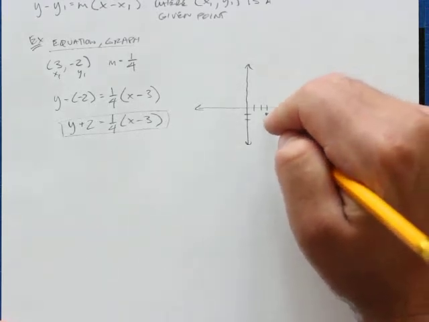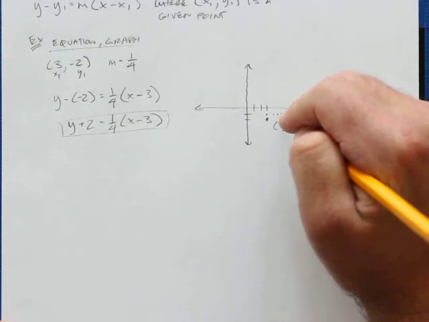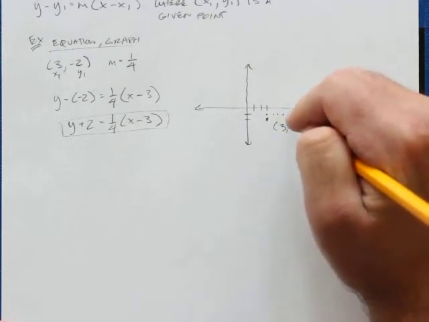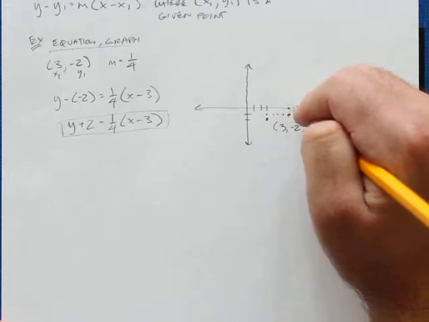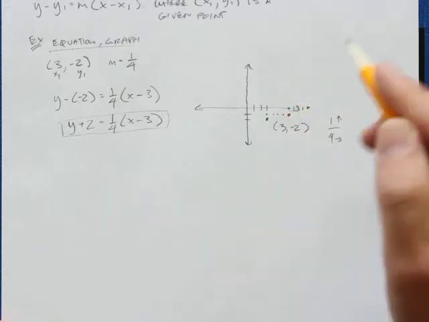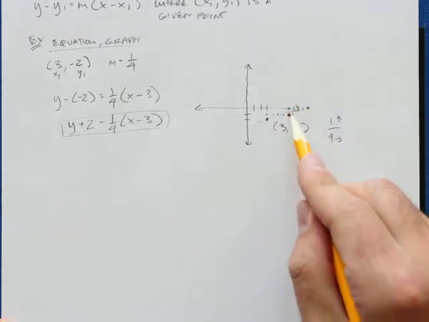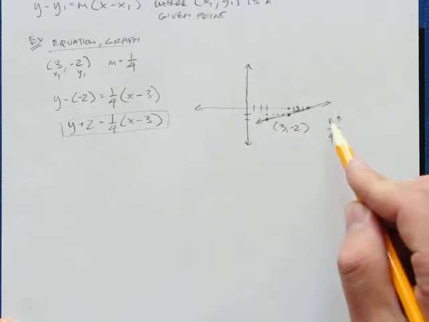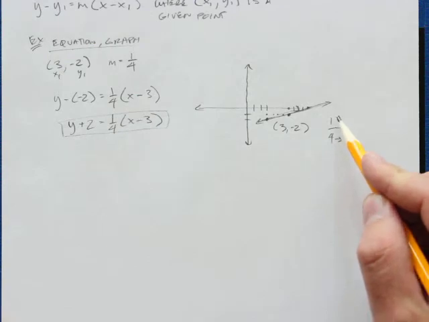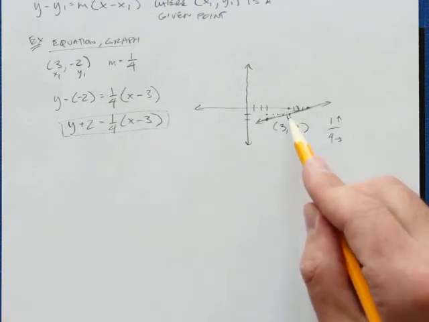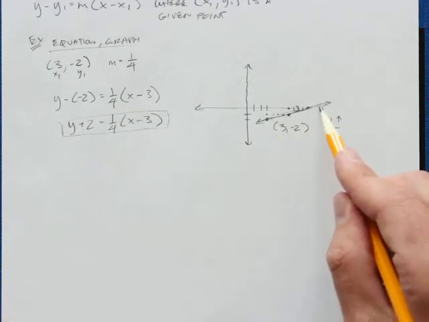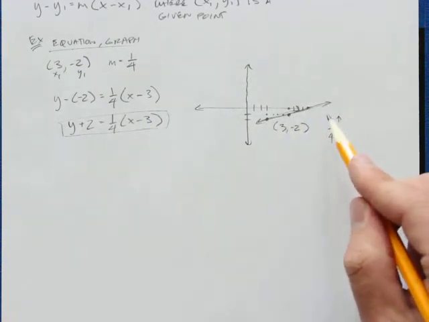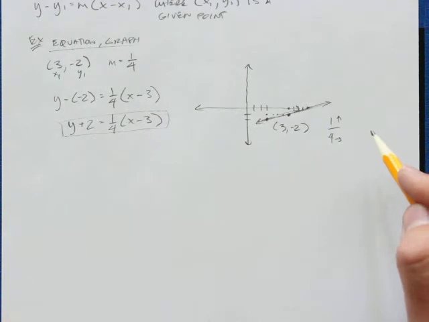I go up 1, to the right 1, 2, 3, 4. There's a point, and then up 1, 1, 2, 3, 4. And I can draw my line like that, because the slope is going to be the same everywhere on this line, so I can choose any point on the line to check my slope or to draw the line.